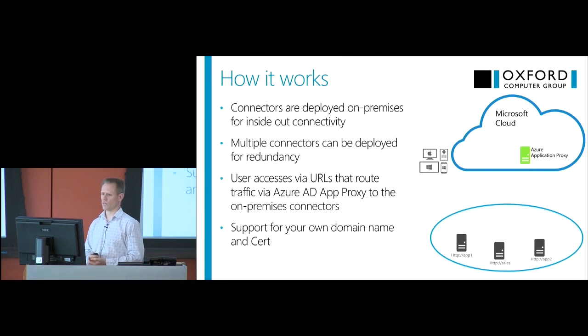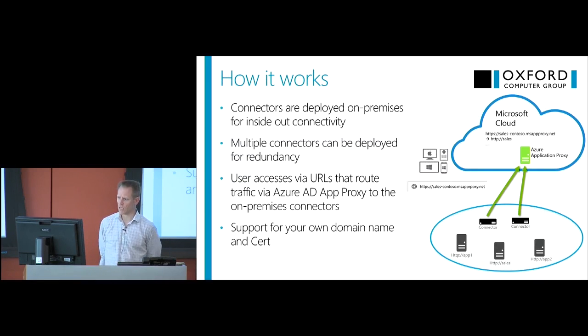Okay, so how does it work? You deploy connectors on-prem. The connectors effectively perform an outbound connection. So there's actually a number of outbound connections. If you look at the set of ports that we use for App Proxy, it's quite extensive. What we're actually doing here is two things.